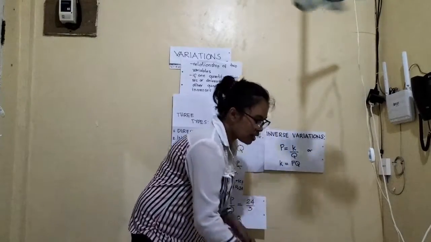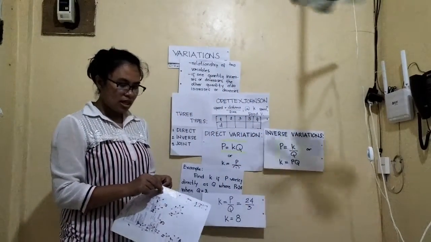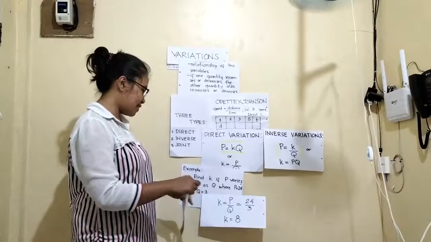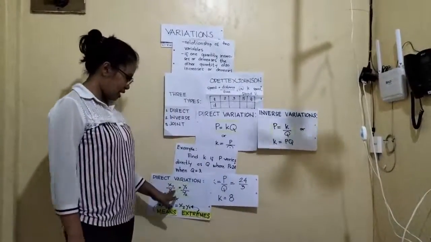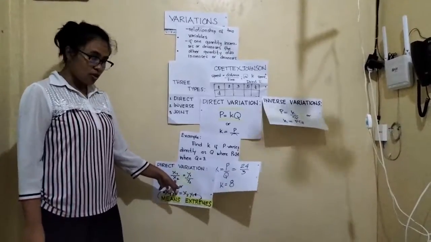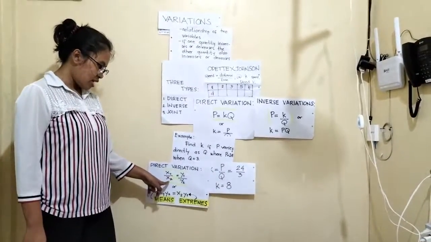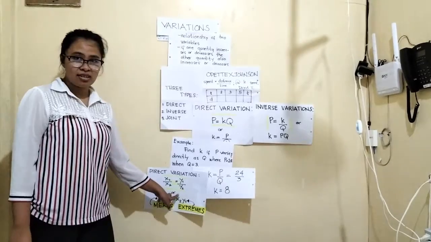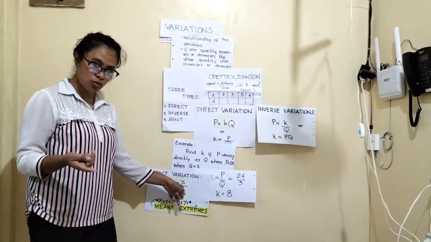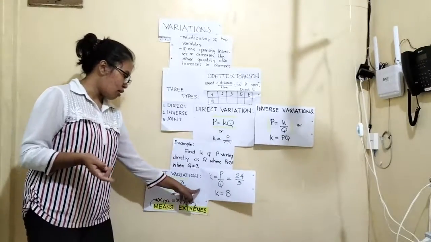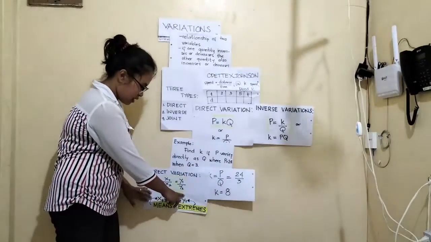So, for our direct variation, its formula is like this. X sub 1, or the first X, is divided by X sub 2, or the second X, which is equal to the quotient of Y sub 1 and Y sub 2.